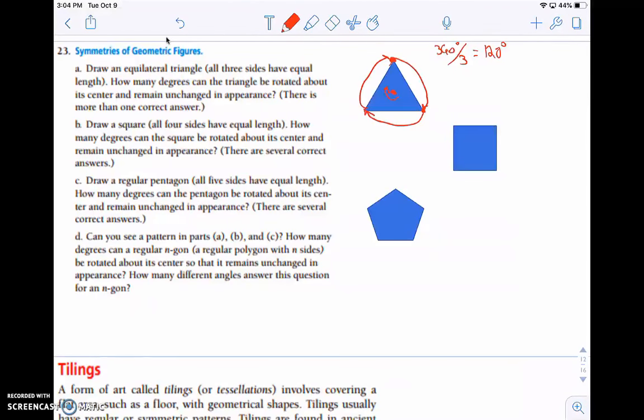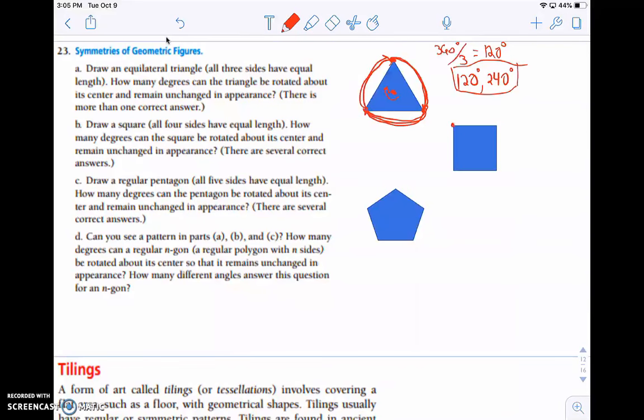So you would be at 120 degrees, and then you could also go 240, so it would be 120, 240, and then obviously 360, but you're back to the original. And then you could keep going: 360 plus 120, 360 plus 240, and keep going around. But these are the two that are under 360 degrees.